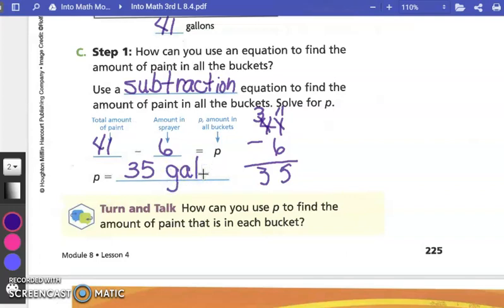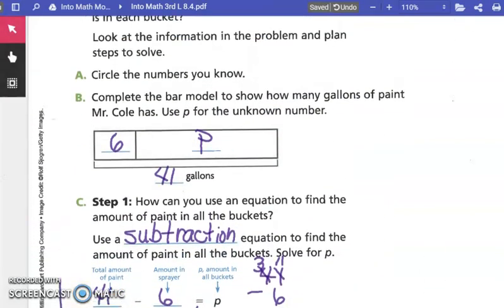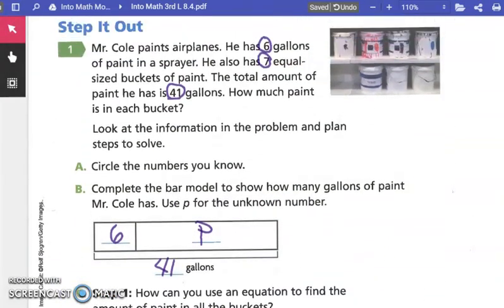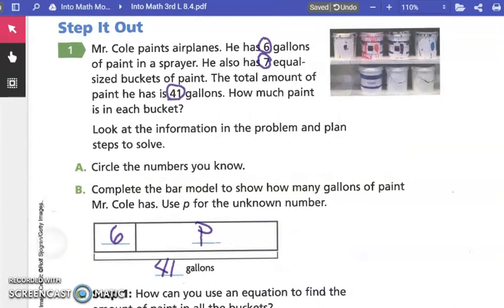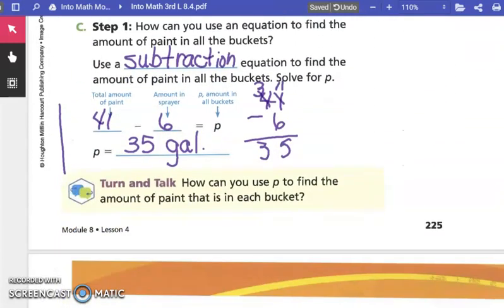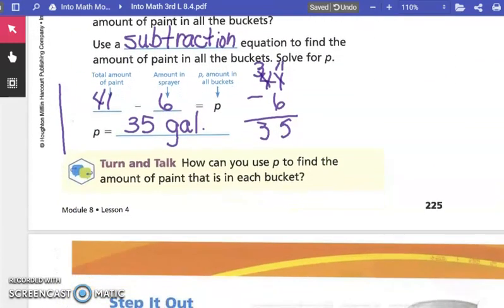How can you use P to find the amount of paint that is in each bucket? How many buckets did he have sitting back there? 7. He also has 7 equal-sized buckets. So how are we going to find the amount of paint in each of those buckets? What kind of equation are we going to have to do?